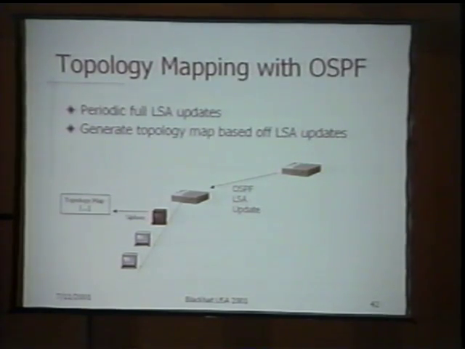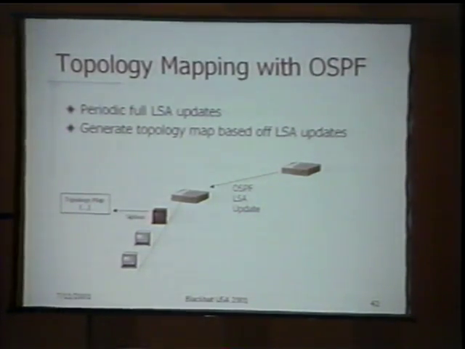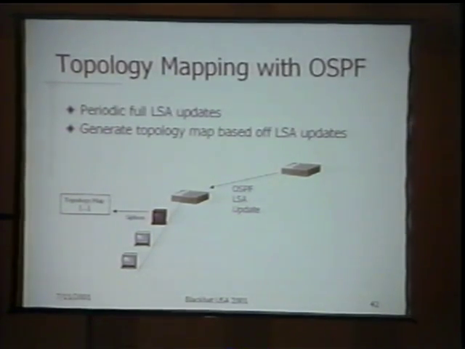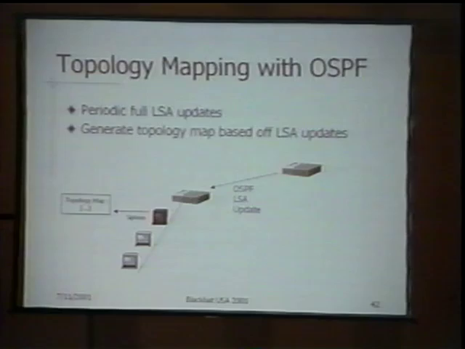And we generate topology maps based off these LSA updates because in these LSAs, what it's basically sending is just a matrix of host-to-host connections or network-to-network connections, which translates directly into a topology map or a graph. And this little diagram just gives us a little network topology view that you'll see later in our reports.